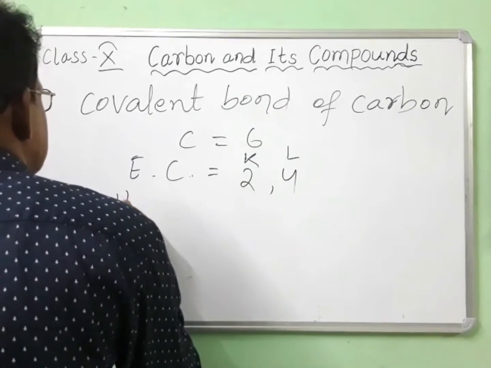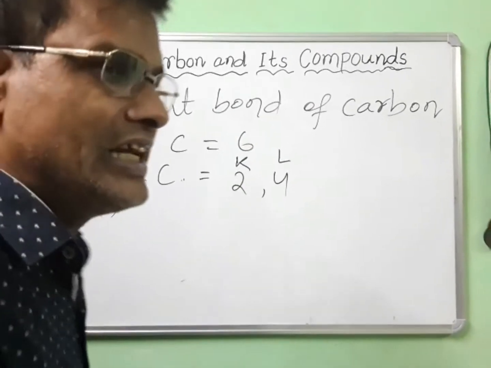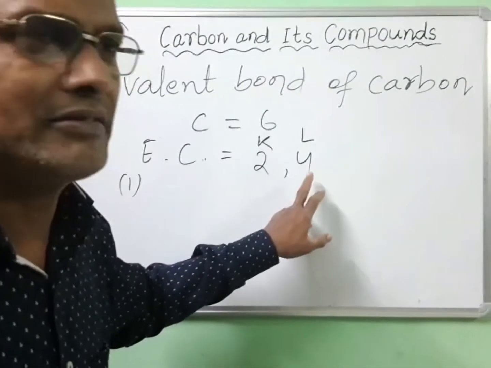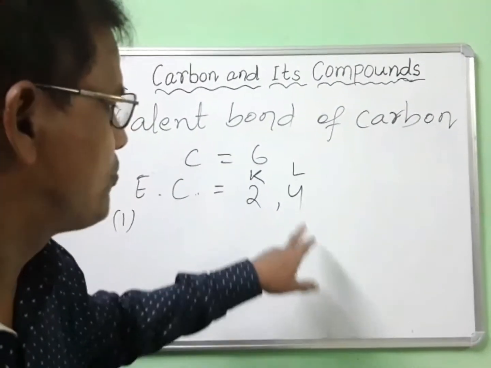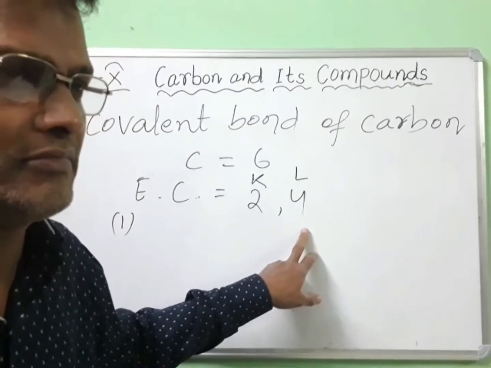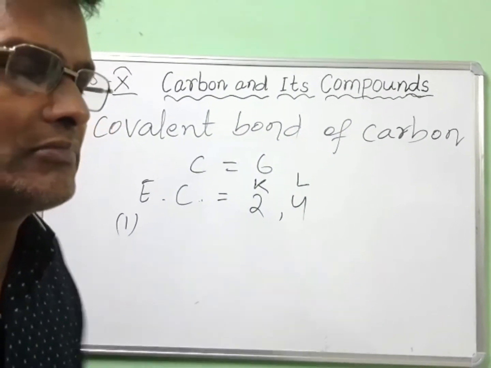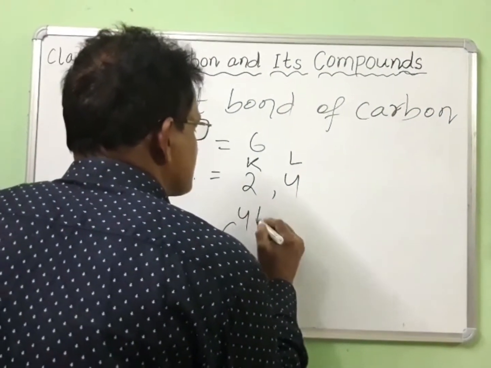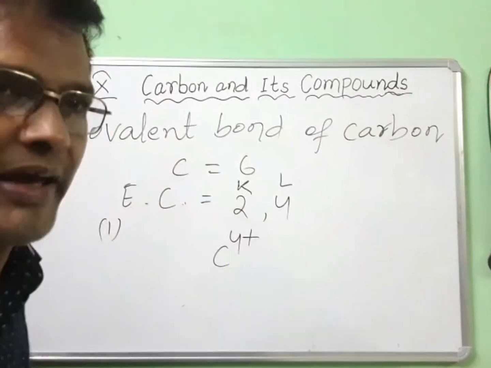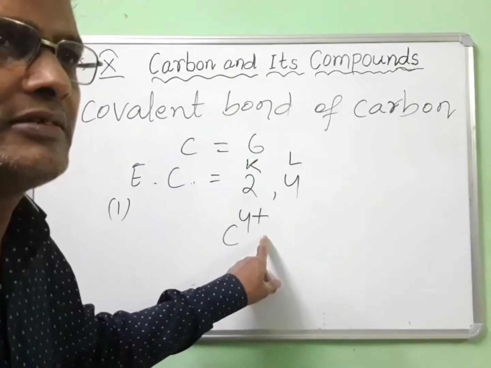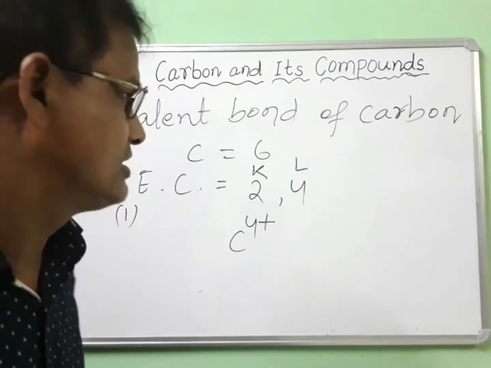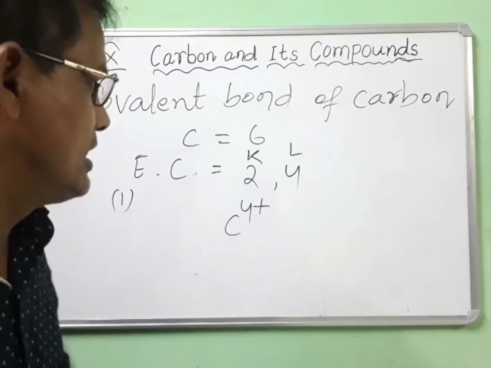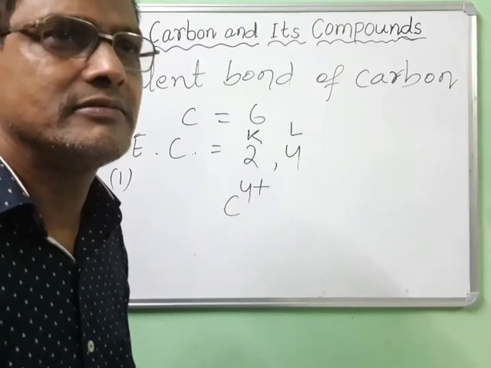First way is, it could lose 4 valence electrons and form C4+ cations, that is positive ions.